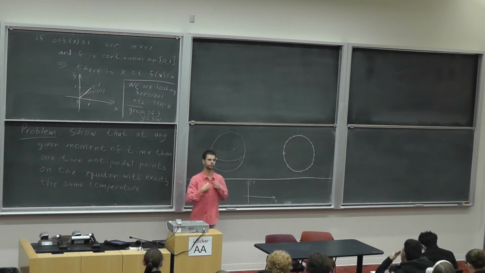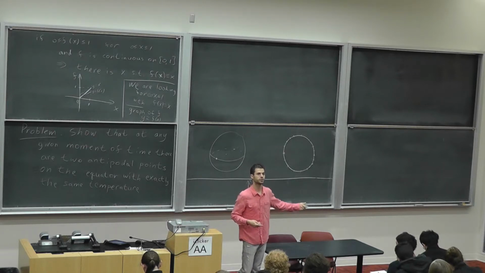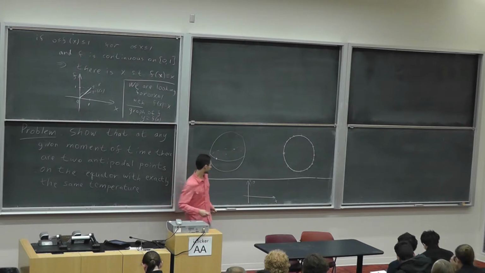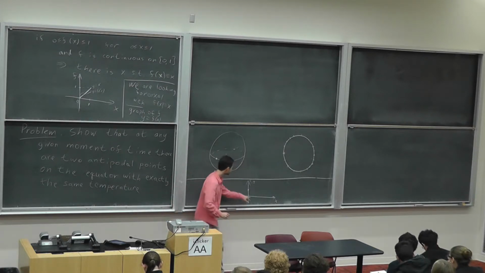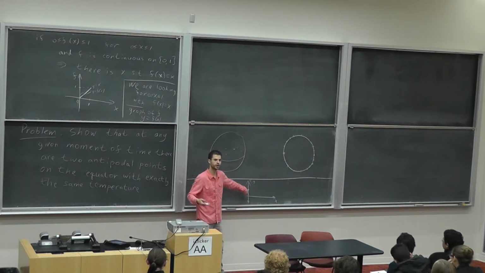One is the temperature reported by me, and the other one is the temperature reported by my antipode, somebody who is exactly opposite to myself. What happened is we started with something like this. My reported temperature was higher than his.